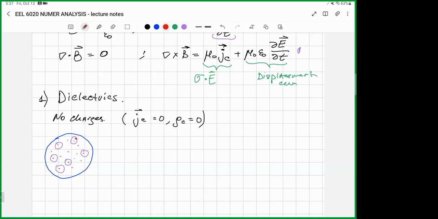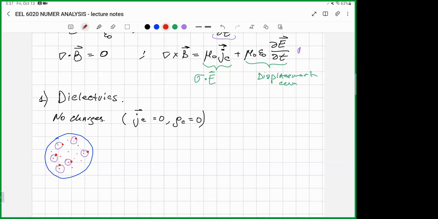These electrons are bound to the nuclei, to the atom, and they don't move too far from the atom. The only movement they can do is jump from one state to another state, right?